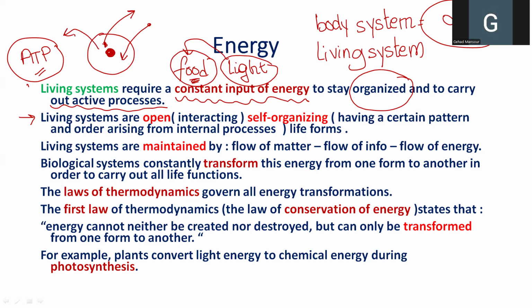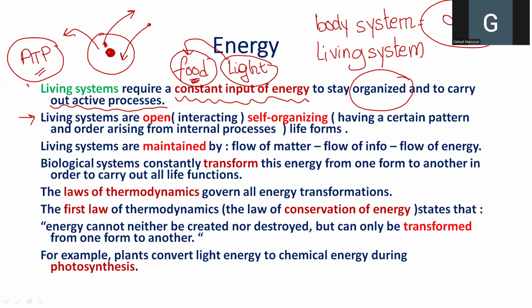The living system is open, or interacting, and the living system is self-organizing, meaning that this highly organized structure and function of the cell, for example, the presence of organelles, the presence of cytoskeleton, the presence of membrane trafficking, the presence of membrane positive and negative balances, the presence of active transport, on all levels, on the level of structure and on the level of function.